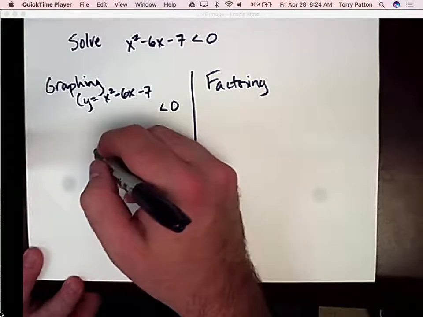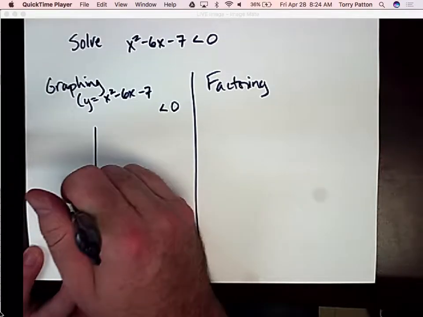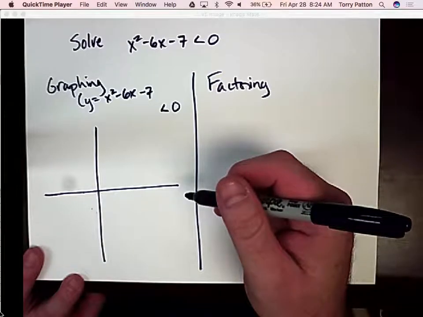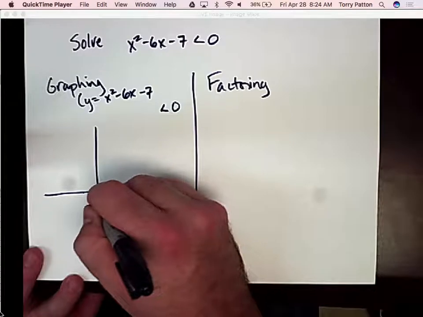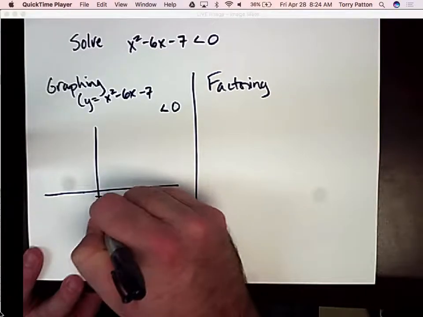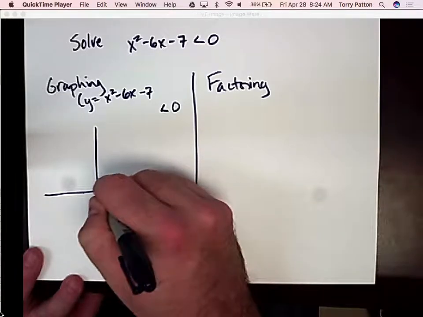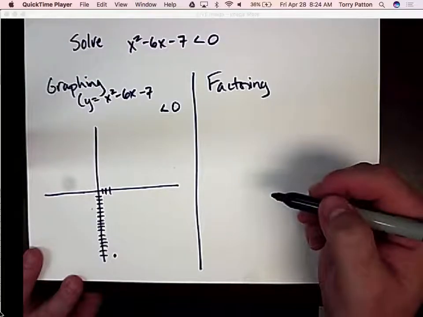Okay? Well, if you graph that, just to save you some time, I'm going to show you that the vertex is at 3, -16. Okay.